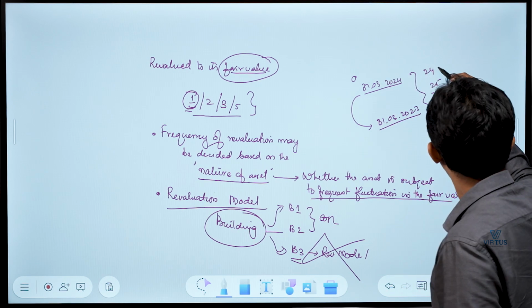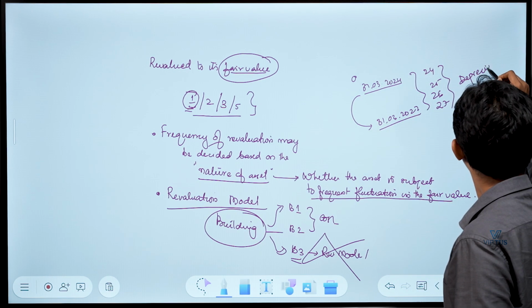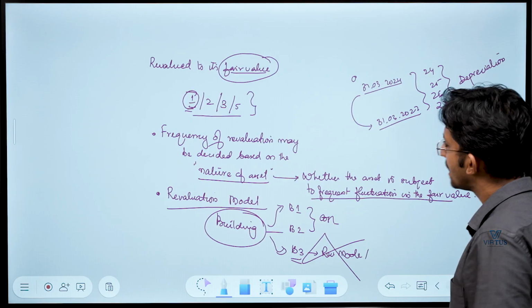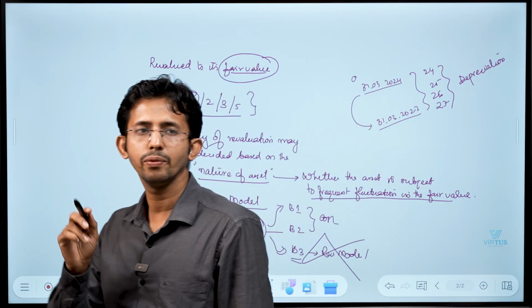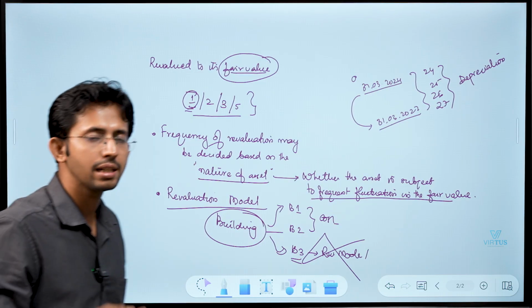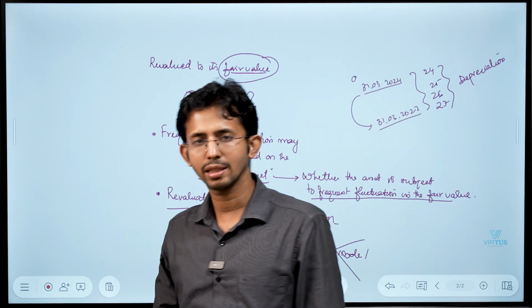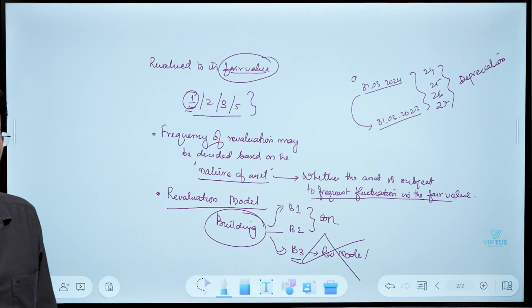On all these dates you have to depreciate it. So depreciation is required even when you follow the revaluation model. There is no other way. And the depreciation you have to adjust against the revaluation reserve as well as the profit or loss account, depending upon that, something which you all know, right?